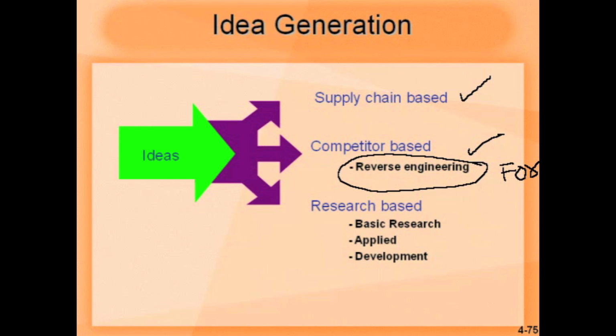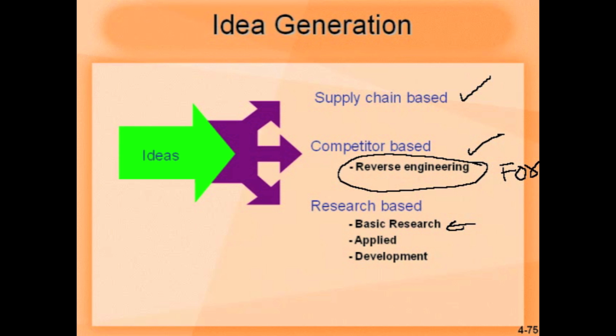So you start with what is already available and what is the best, and using that you create a design. And ideas are also generated using research. So there are three different types of research: basic research, applied, and development. Now, in basic research, the immediate goal, you may say, is not commercialization of the idea.